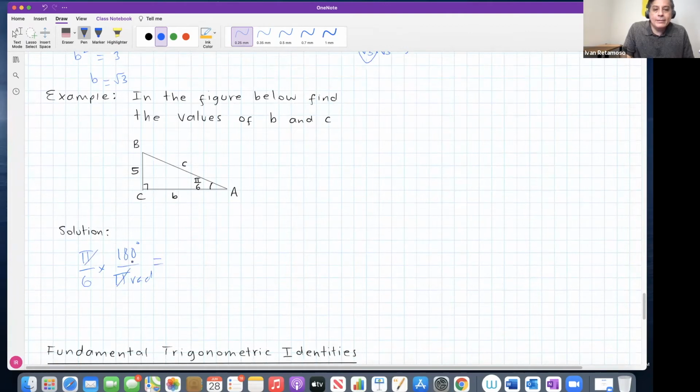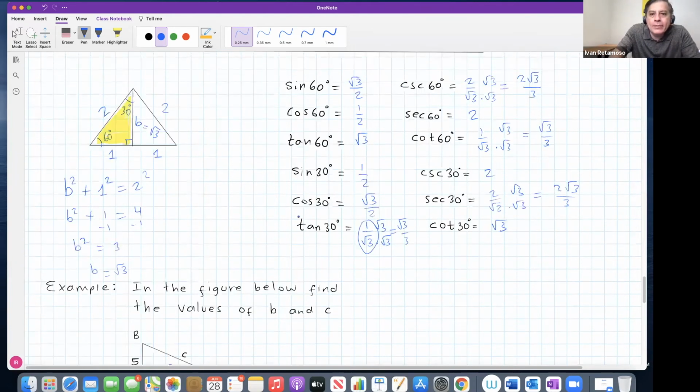Pi cancels, 180 divided by 6, 30 degrees, right? So this equals 30 degrees. So they are basically asking you to figure out what C and B are once this is 30 degrees. But the good news is that we know the trigonometric functions of 30 degrees, right? So use that fact. We know all the trigonometric functions of 30 degrees, they are here, right?